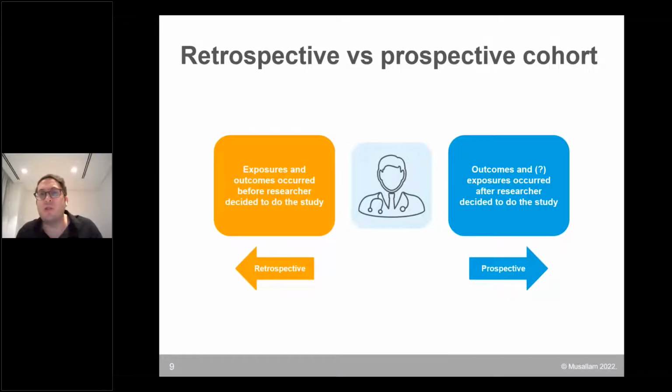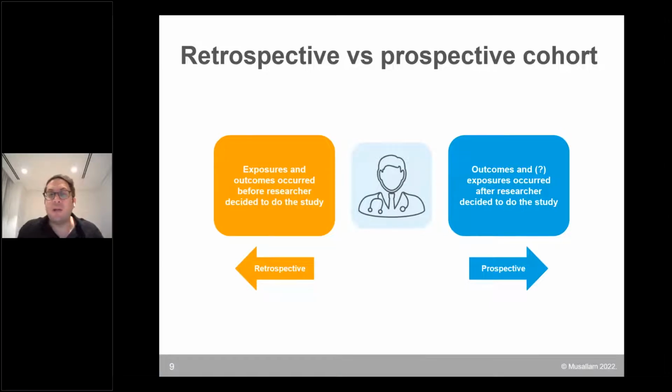What matters to say retrospective or prospective is, did this relationship between exposure and outcome already occur before you even decided to do the study? Then that's a retrospective cohort. Or are they happening after you actually decided to do the study? That's a prospective cohort.